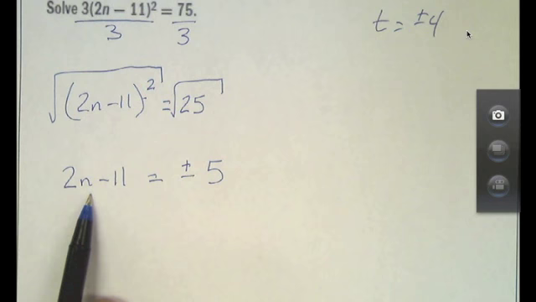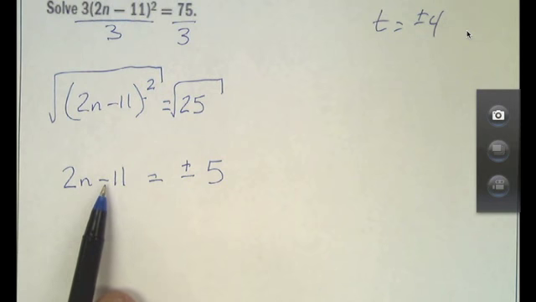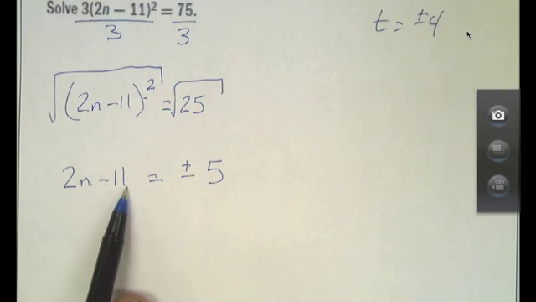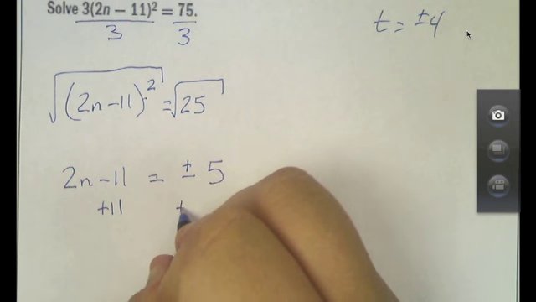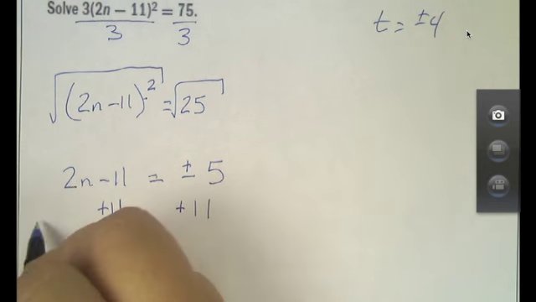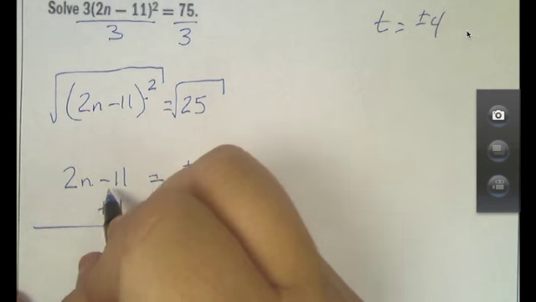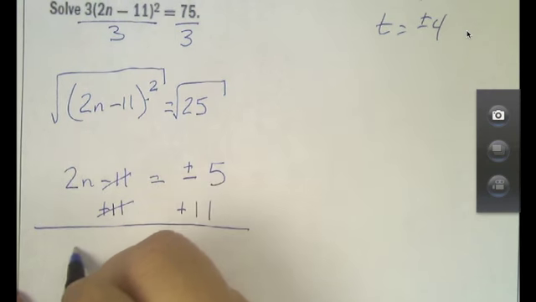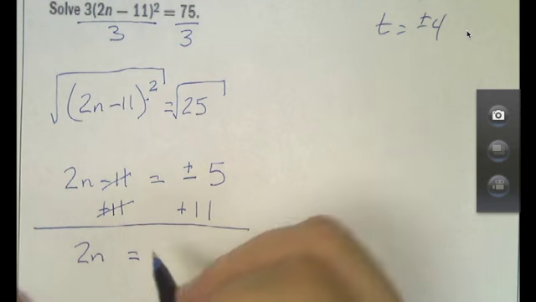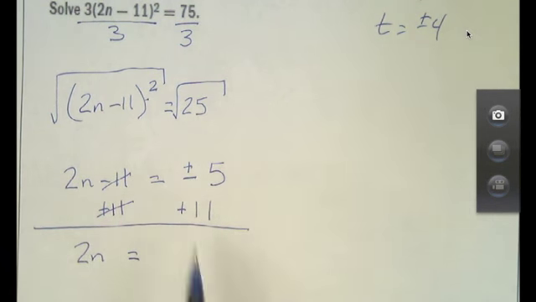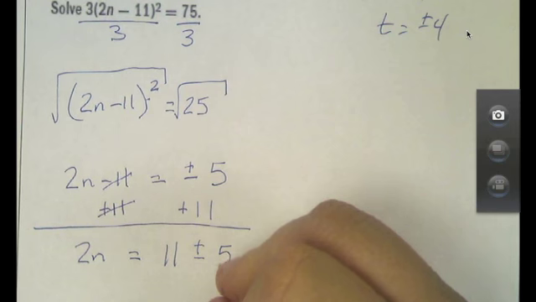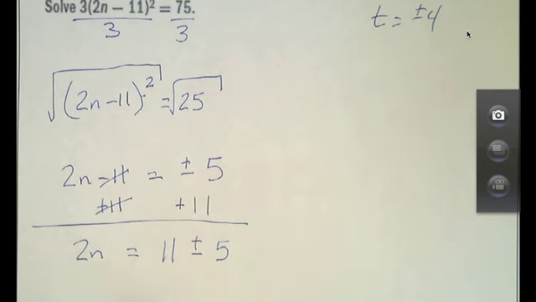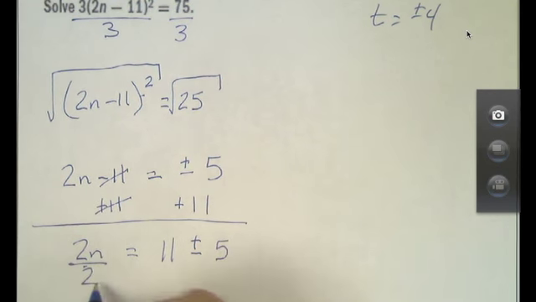Okay? So, follow my steps. Looks like an algebra problem. We're solving for n. So the first thing I got to do is get rid of this, subtract 11. So I need to add 11. Leaves me with 2n is equal to, and I got 11 plus or minus 5.